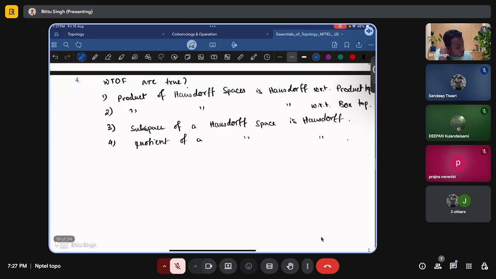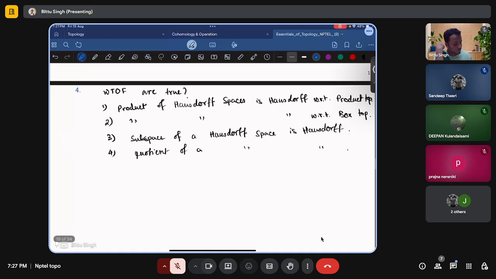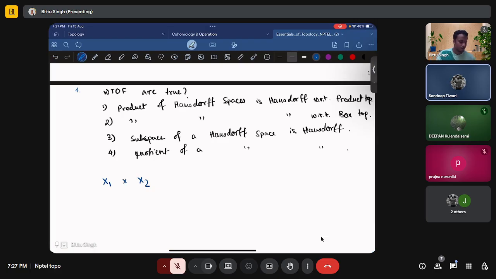So, the product of Hausdorff spaces is Hausdorff with respect to the product topology. Is it true? Suppose X1 and X2 are two Hausdorff spaces. Will the product also be a Hausdorff space? Let us see if it is true or not.